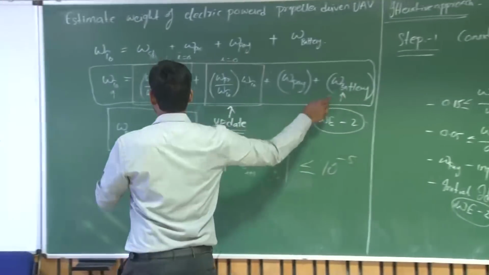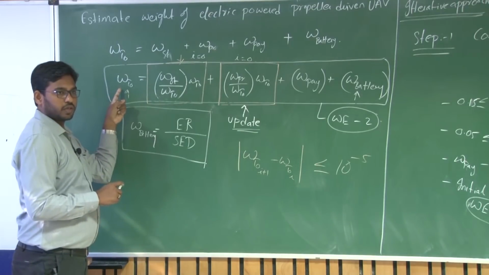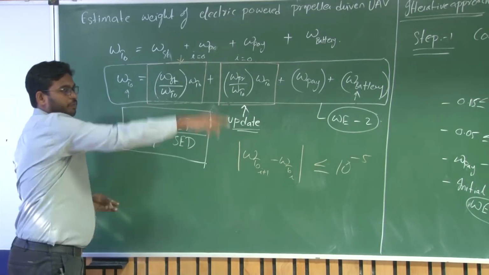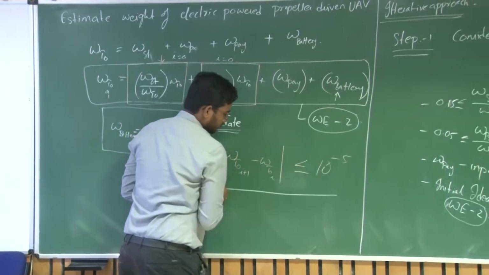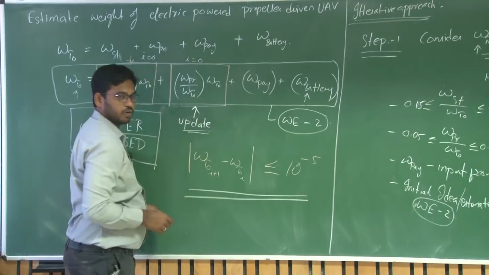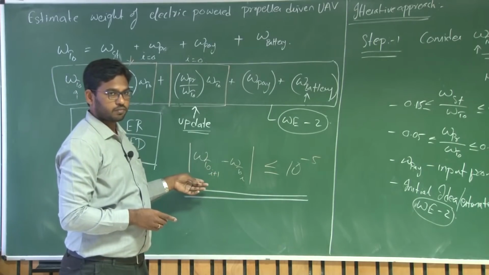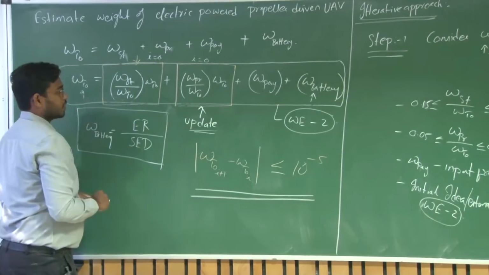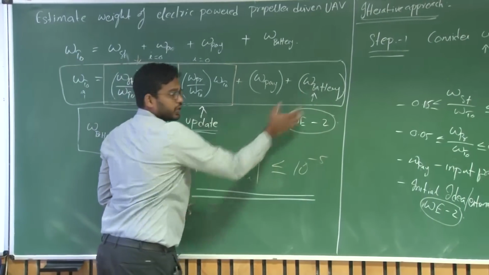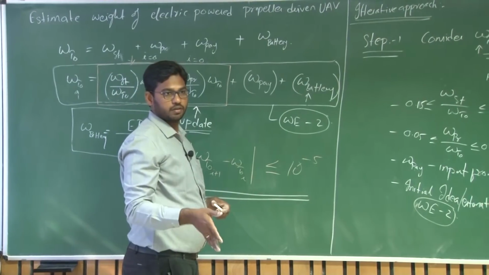This change in the energy requirement will reflect in the total battery weight that you have to carry. Now again update this battery weight, you will have a new takeoff weight. So again repeat this process until this cost function is satisfied, right? Now once you have that, see this particular term you have updated as per your new UAV, right?